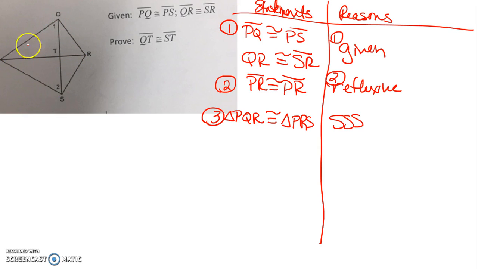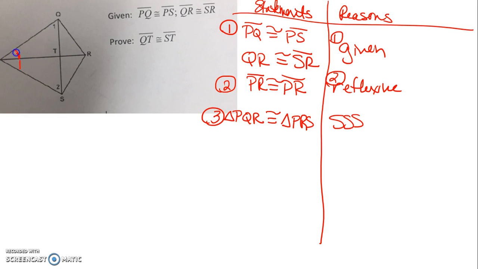I automatically know by side, side, side that these were congruent. So those sides correspond, those sides correspond, and those sides correspond.